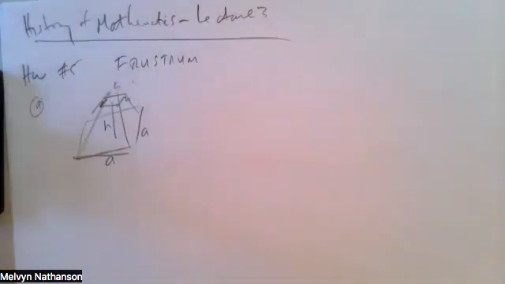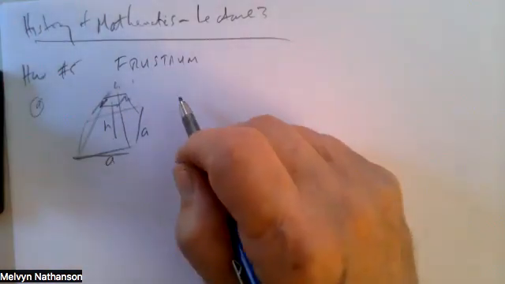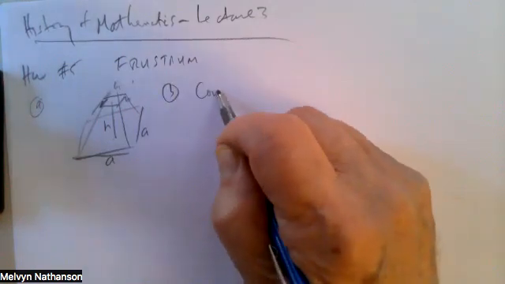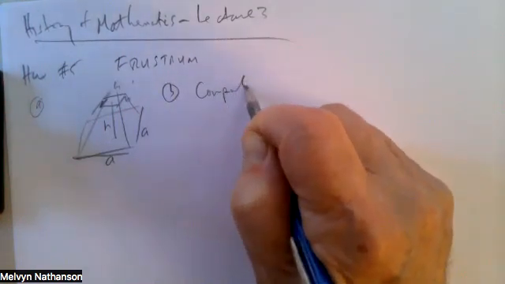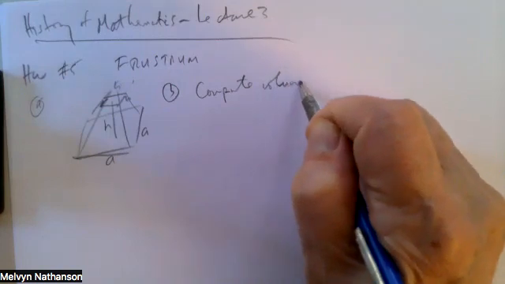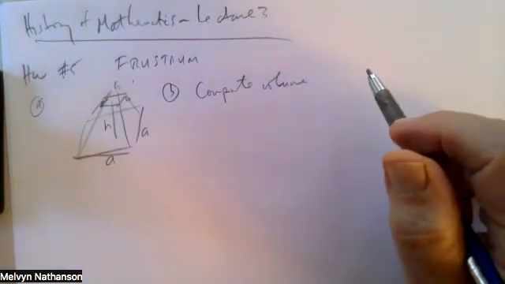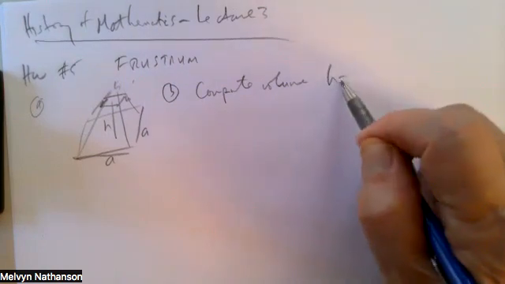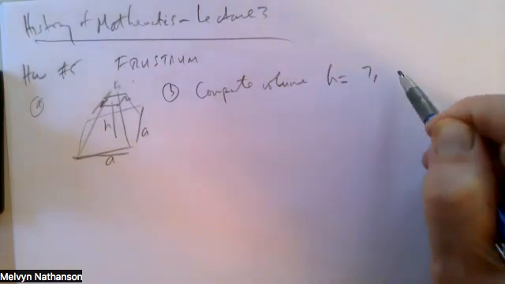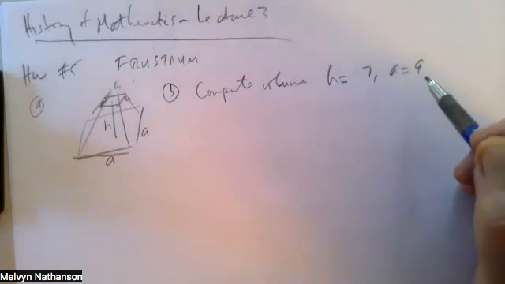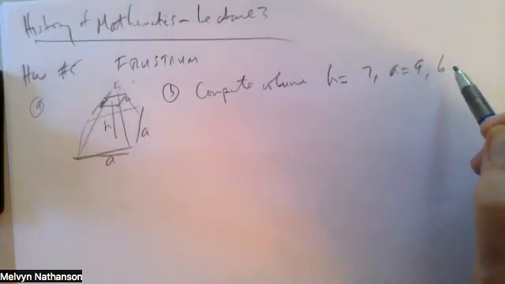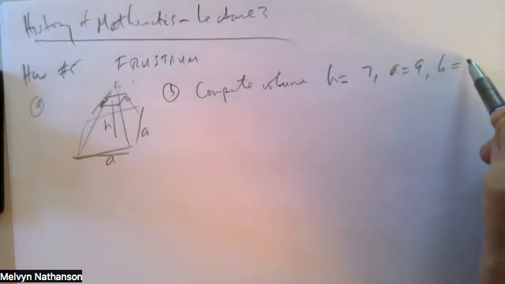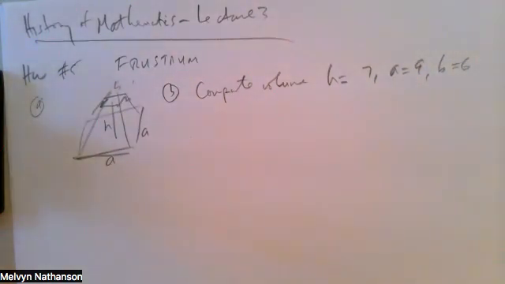And to compute the volume of the frustum, compute the volume in the case when the height is 7, the base is a square of side 9, and the top is a square of side 6. So I'll do it in 2 ways.